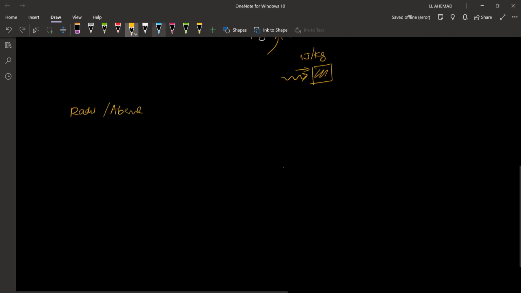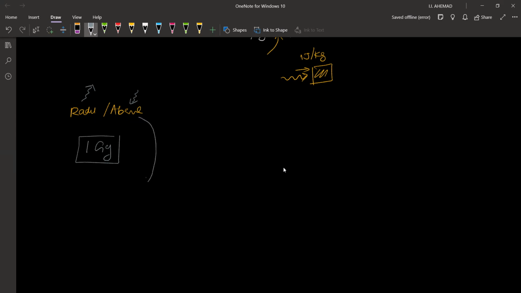Radiation dose means how much radiation energy an object releases. Absorbed dose means how much the body absorbed. From here, we describe what is 1 gray. The definition of 1 gray, I explained what that is. I hope it's clear. And then I'll clarify why we went from absorbed dose to dose equivalent.